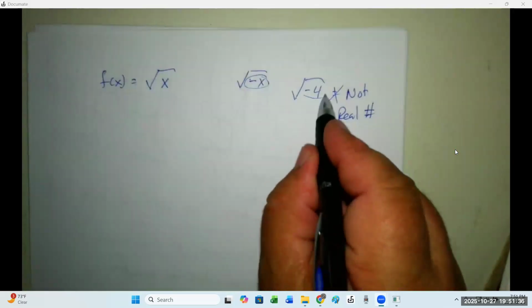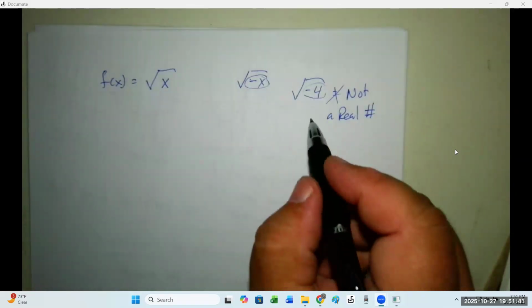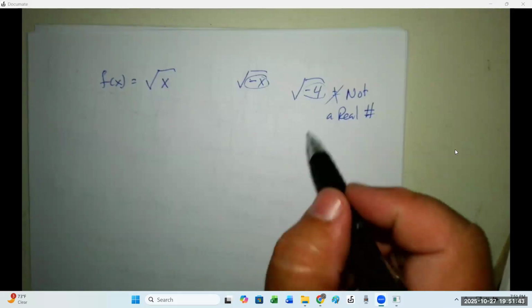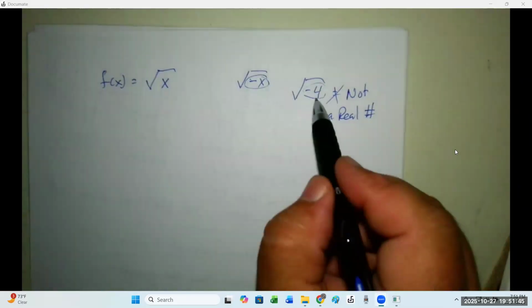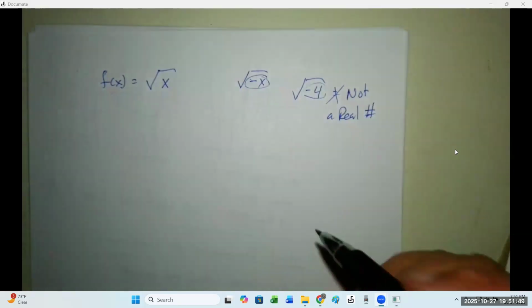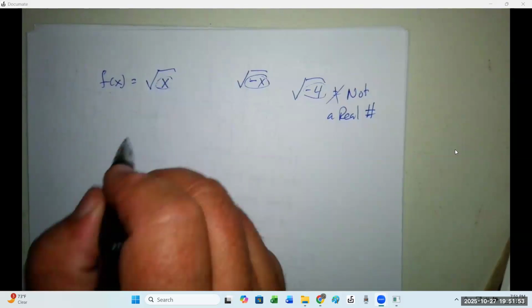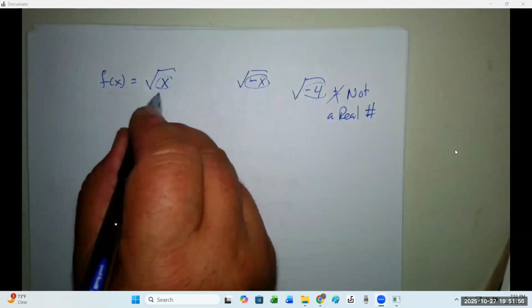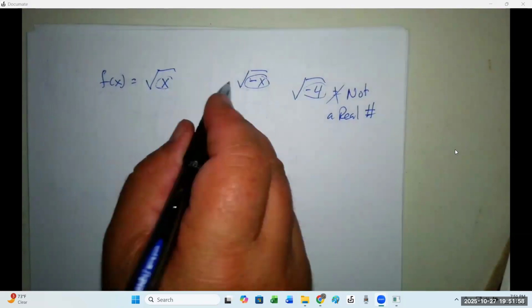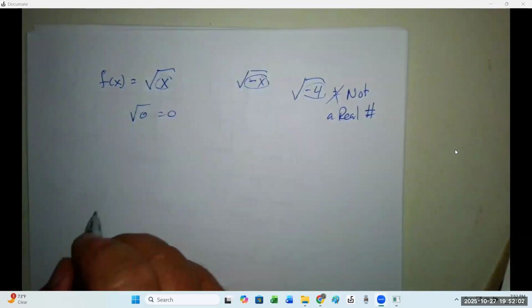Because no number multiplied by itself equals -4. -2 times -2 is +4, and +2 times +2 is +4. So it doesn't have one. That means the smallest number that can go inside there is 0. x can be any positive number, or it could be 0. The square root of 0 is 0.